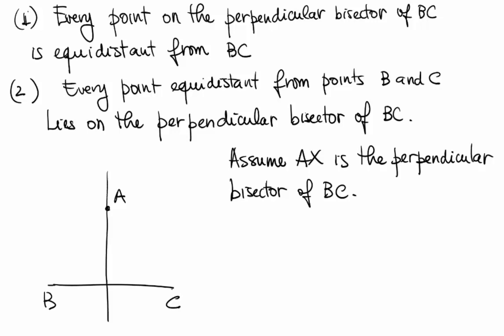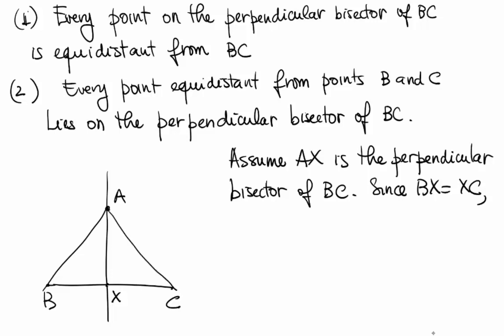So we cut BC right in the middle here at X. Now, since BX is equal to XC, let me consider this triangle actually.